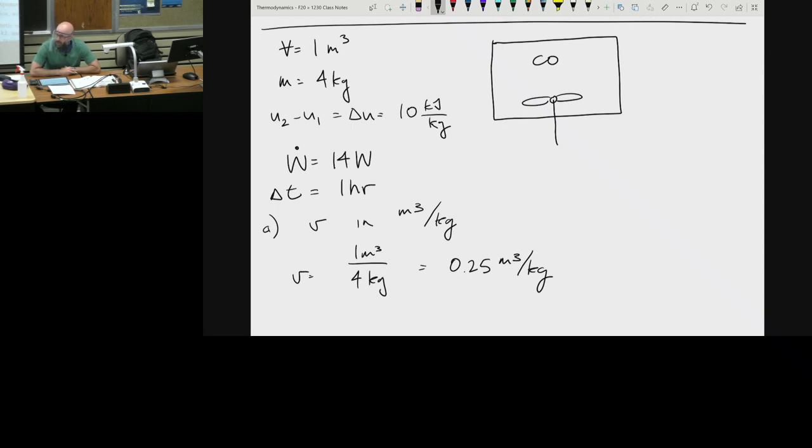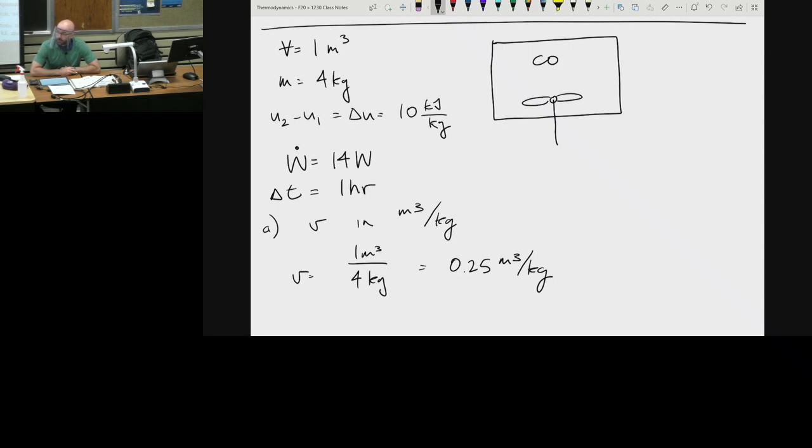What's the specific volume at the initial state? Anybody? It's exactly what I have up there. Is that what you said?